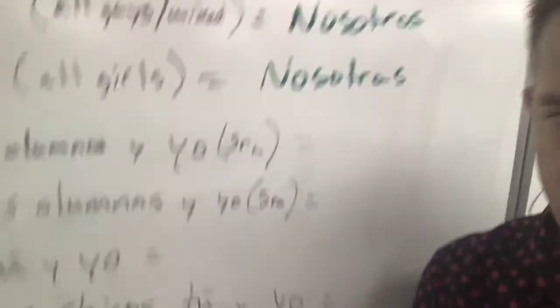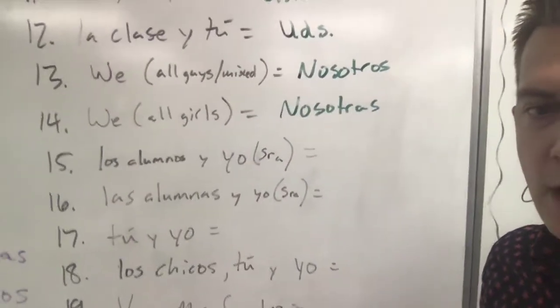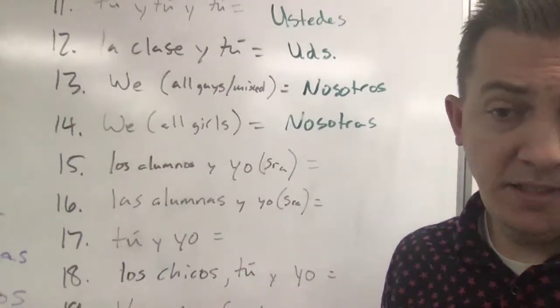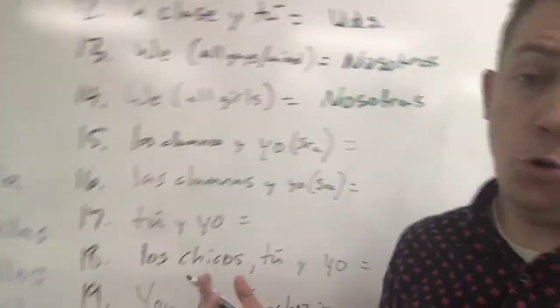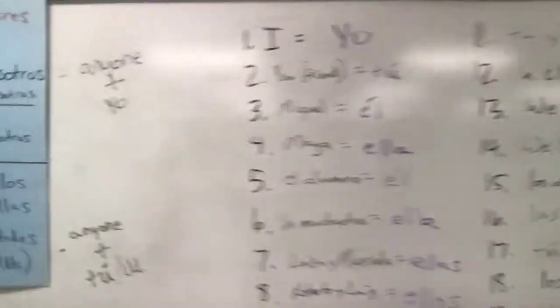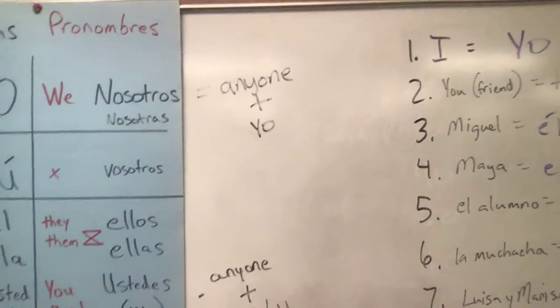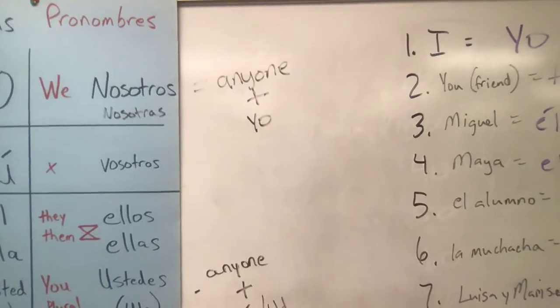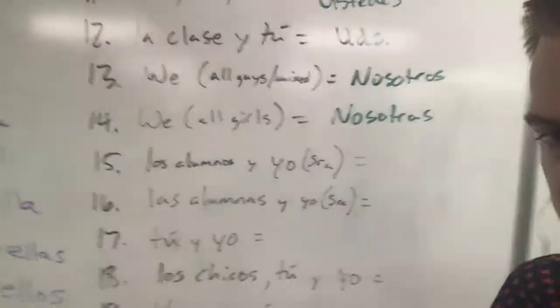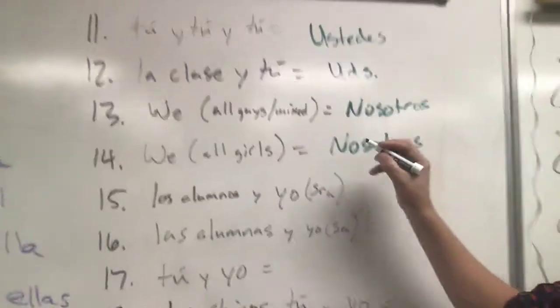All right, what about los alumnos y yo? If it was a woman saying this, her name's Señora something. Los alumnos y yo. What's our rule? Anyone plus yo equals nosotros or nosotras. Okay? So if it says los alumnos, that would be masculine plus the female teacher.